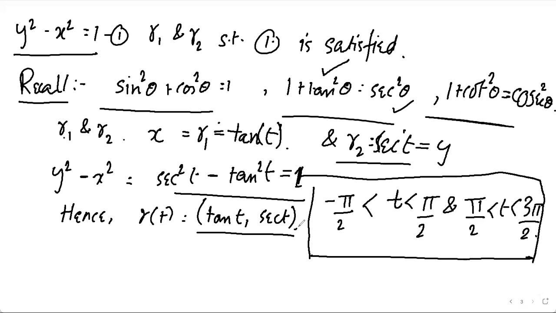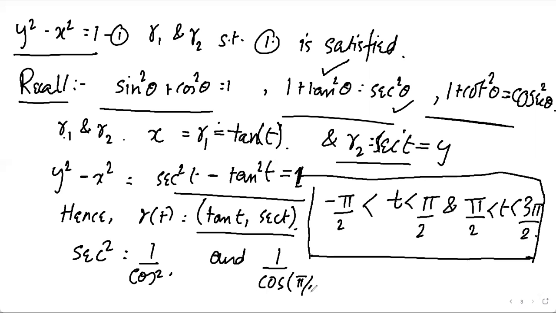Also, sec square is 1 by cos square, and 1 by cos pi by 2 is undefined.